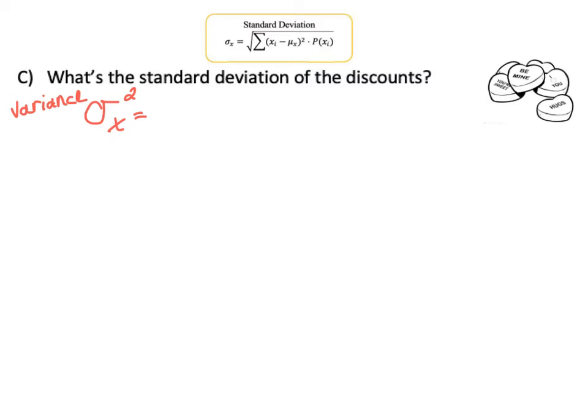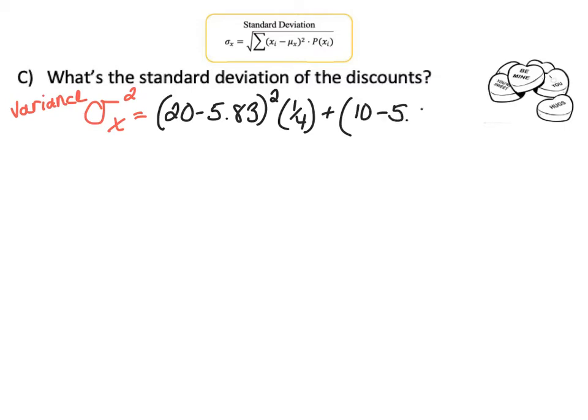So I'm going to find the difference of each individual x value, or each outcome. So the first one was 20. I need to subtract the mean, which we just saw in the last part was 5.83. I square that and I multiply it by the chance of me getting a 20, which was 1/4. And I'm doing the summation. So plus, the second outcome was 10, minus my mean, square it, times the chance of that occurring was 1/12.